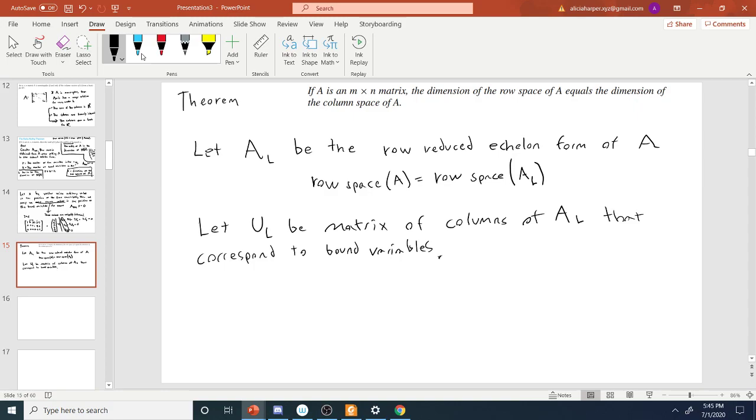U_L is obtained from A_L by getting rid of all the columns corresponding to free variables.